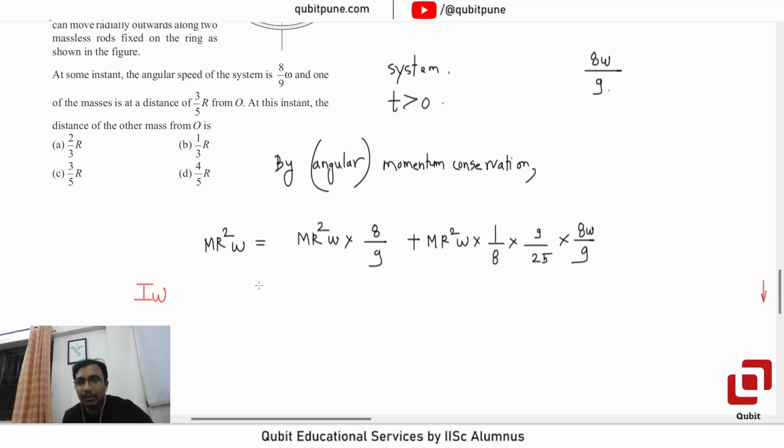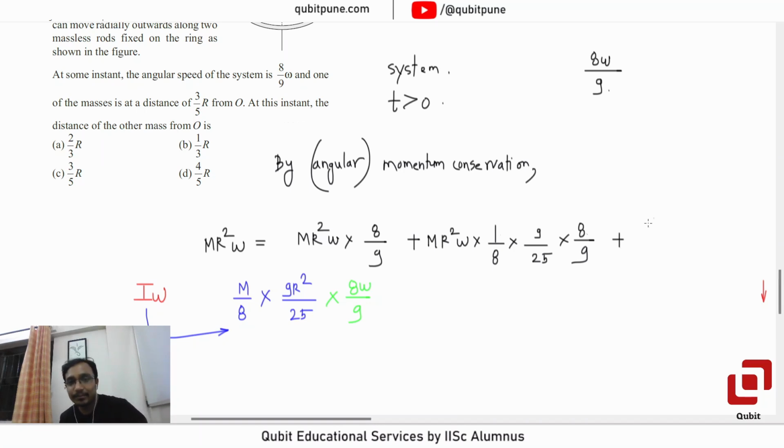M R squared for a point mass. Mass is M by 8, distance is 3R by 5, so 9R squared by 25. That is I now. And omega is 8 omega by 9. I have just written the constants on one side, or numbers: 1 upon 8, 9 upon 25 and 8 by 9. Oh, okay, you are saying this omega. Sorry, yeah, you're right.